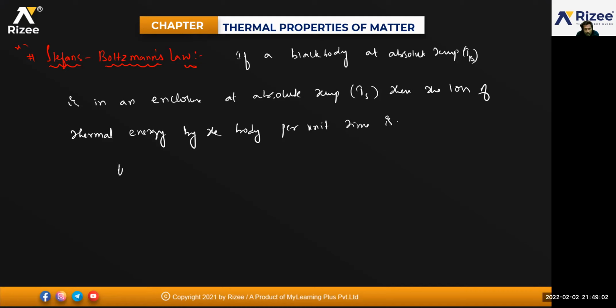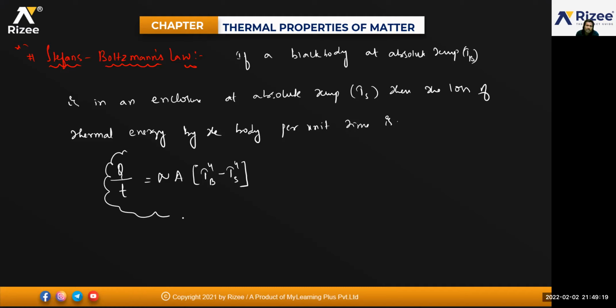That is Q divided by T, the energy lost per unit time, is equal to sigma into A into the temperature of the black body to the power of 4 minus the temperature of the surroundings to the power of 4.